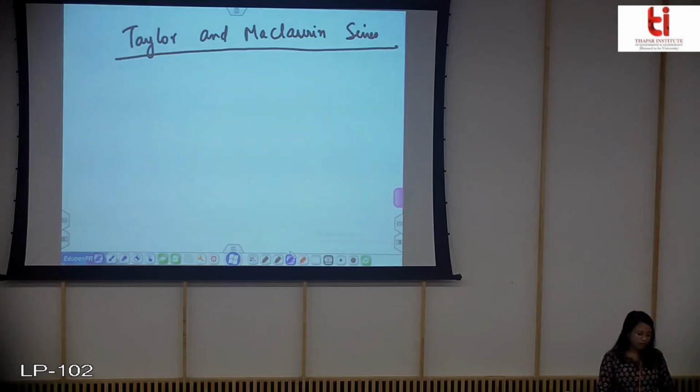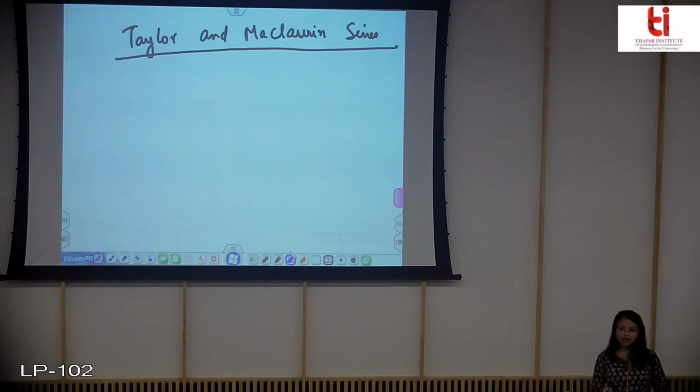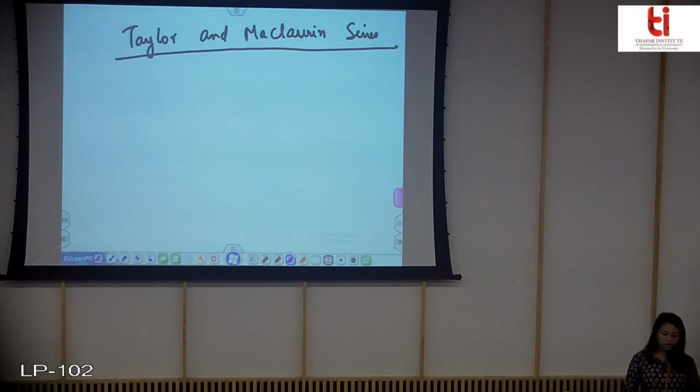Now there are many functions which are infinitely differentiable, and those functions generate power series that are termed as Taylor series. So let me first write down, and then I'll give you some examples so that you can get a clear picture of what this Taylor series gives about an infinitely differentiable function.